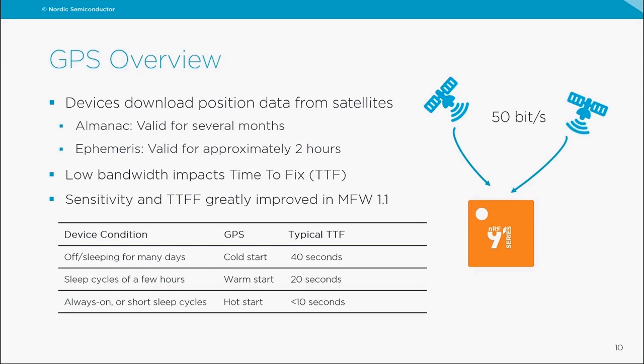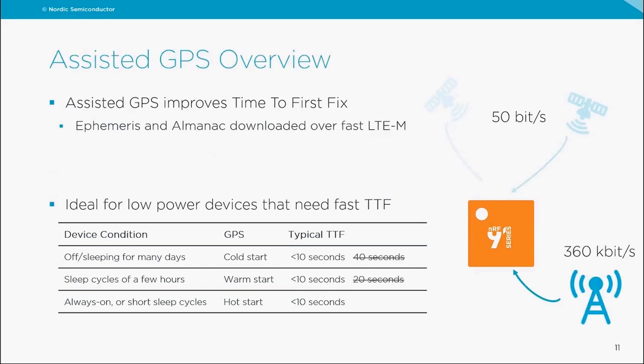Now we're going to look at what the assisted GPS functionality does to those numbers. So it improves the time to first fix and time to fix in the warm start scenario quite significantly. And it does that by, instead of using that 50 bit per second download from satellites to get the relevant and accurate data for satellite paths, using the 360 kilobits per second LTE-M link.